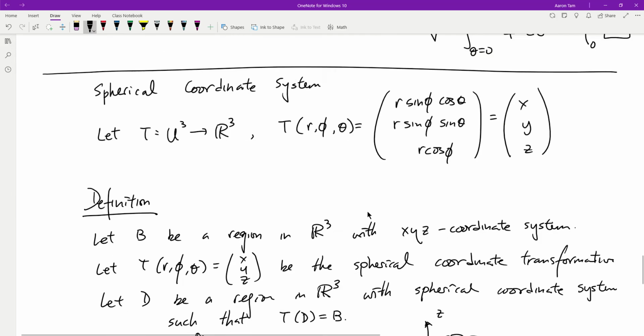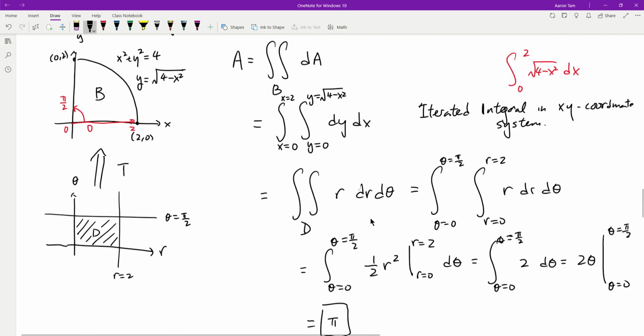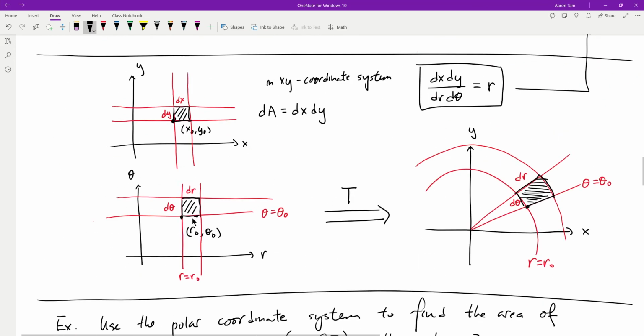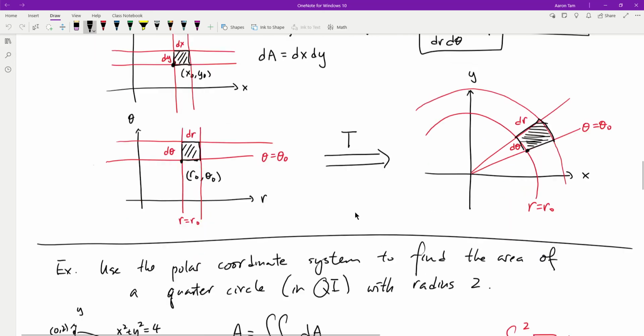Remember, we talked about it with the polar. In this picture right here, dr d phi d theta will probably form a cube just like dx dy dz, but once you put it through the transformation, it's not going to look the same, because it's a curvilinear coordinate system. All these straight lines could turn into curves, and therefore you will no longer have a coordinate rectangle.